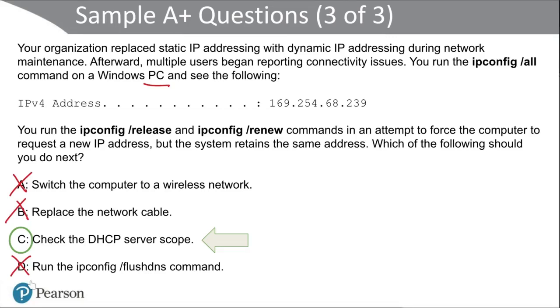That's because a system attempting to obtain an IP address from a DHCP server will use IP technology only, and it won't rely on any naming technologies such as DNS. That's not needed here. So there's no real reason to run the ipconfig/flushdns command.